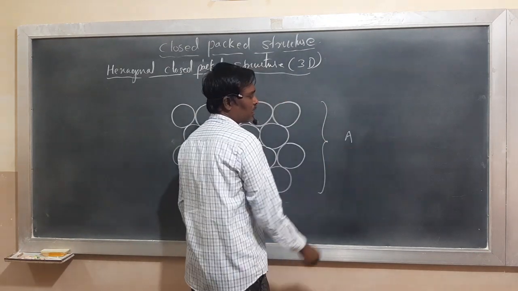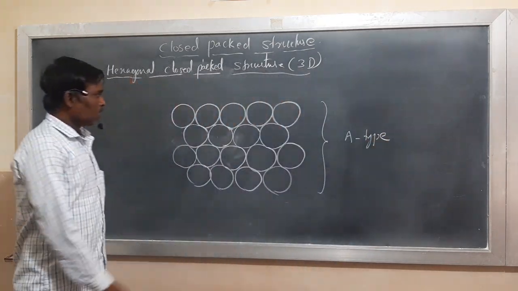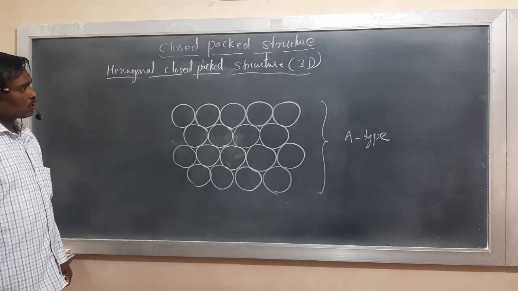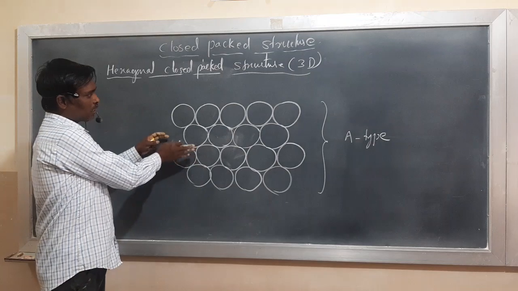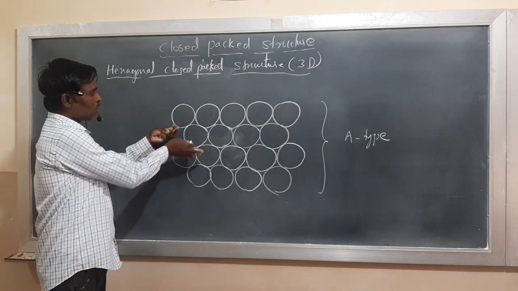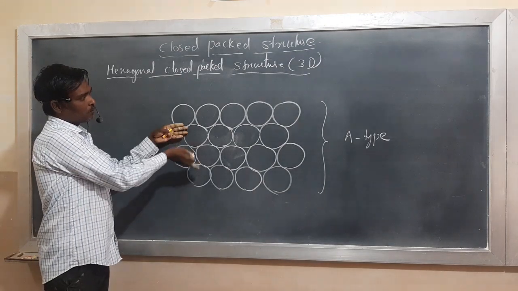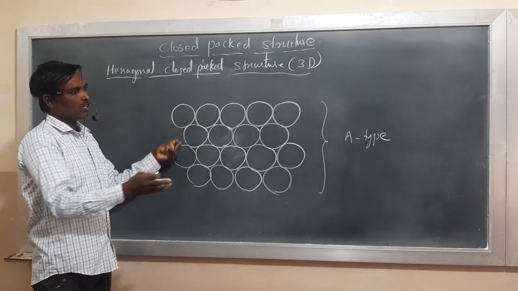Let me define that layer as an A type of layer. Now, to make a 3-dimensional structure, let me arrange another hexagonal close packing layer above this layer, and next, another layer above that second layer, and the next layer above that third layer.